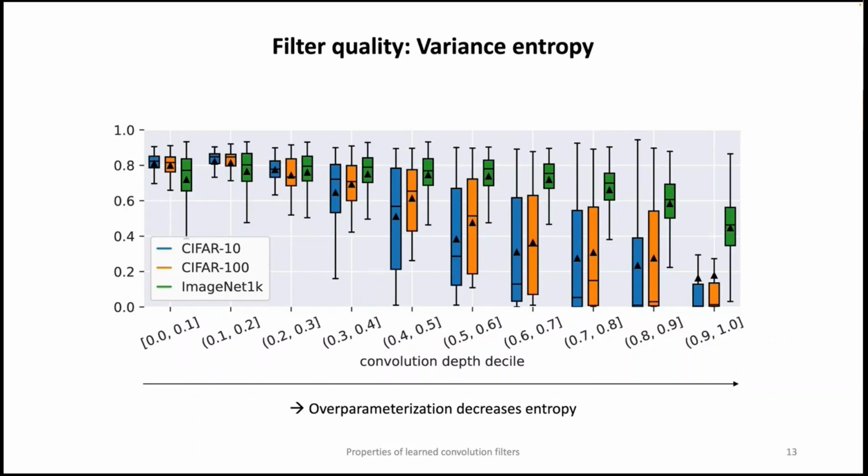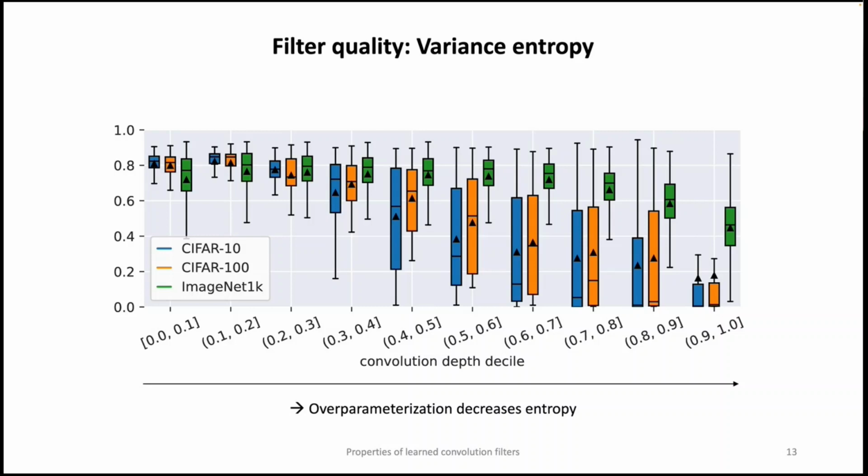We did the same experiment with the variance entropy, and we get similar results. If we look at the entropy, then it's relatively comparable in the first layers, but as we go deeper into the model, the ImageNet filters retain a kind of variance that shows that it actually learns different transformations, except in the last 10% maybe.